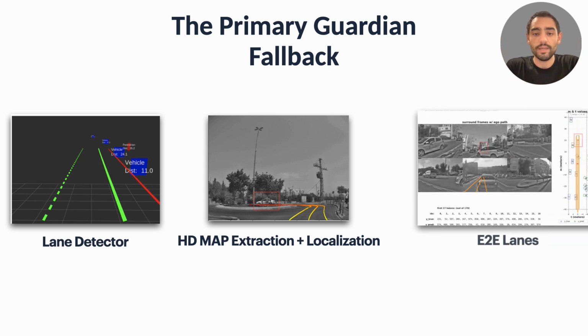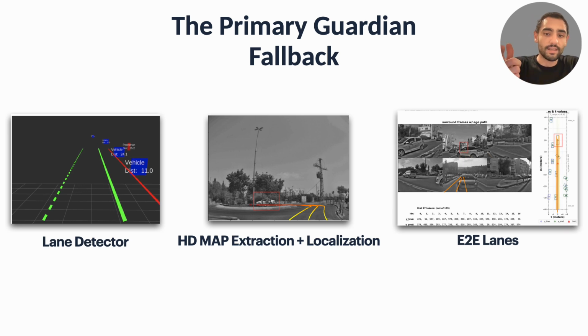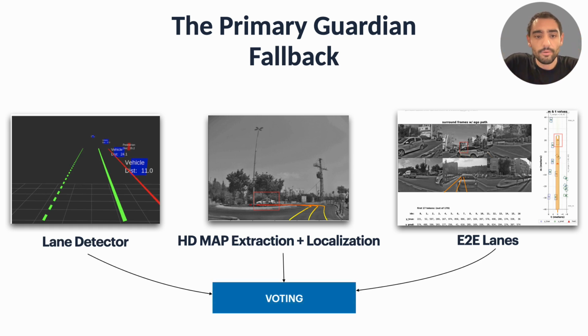And the other way would be, for example, if you have an end-to-end system, you're just going to extract the lane lines in a second, parallel approach. So the first one maybe is lane line detection in a modular way, and the other one is in an end-to-end way. And you can just extract these two and then do some kind of majority voting algorithm. Or in their case, I think they had one that they trust the most, and then they have a fallback.